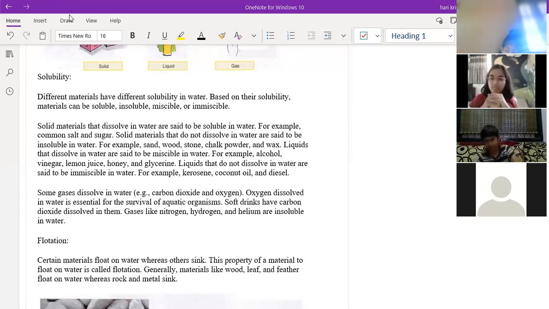Sir, I think they are miscible. Sir, it is miscible. Correct. Vinegar and water are miscible liquids only.